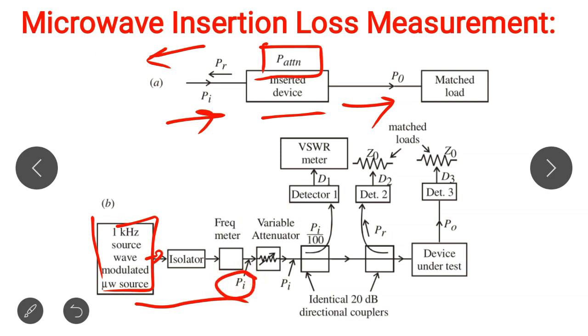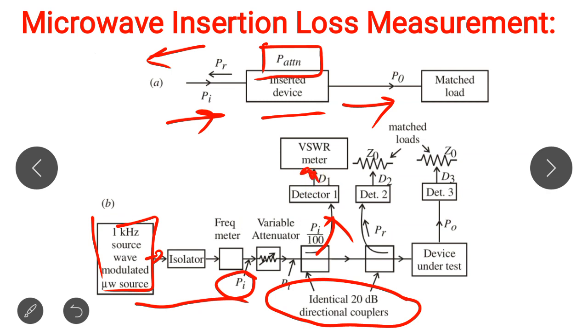The power before the variable attenuator is Pi, then we have the attenuator, then we connect an identical 20 dB directional coupler, and here a detector 1 is connected, which is connected to the VSWR meter.